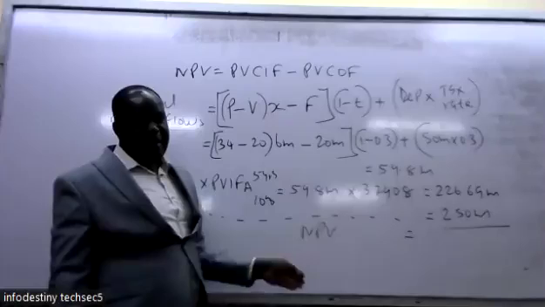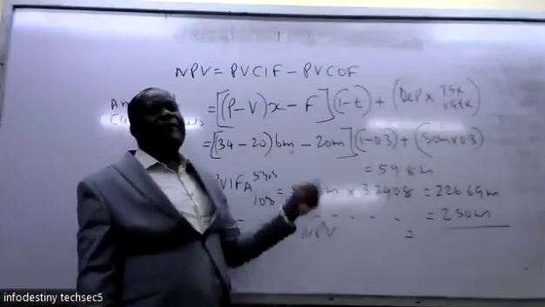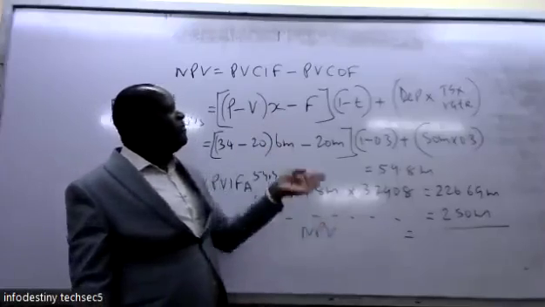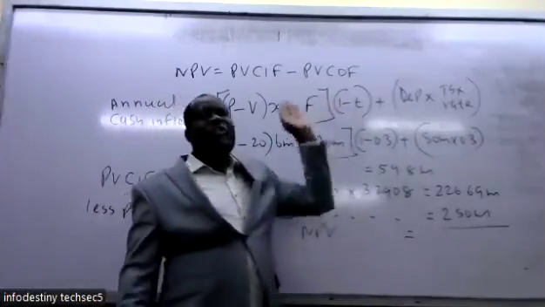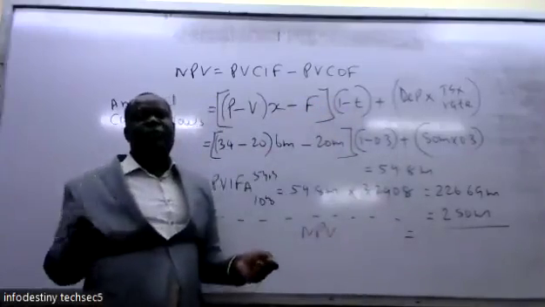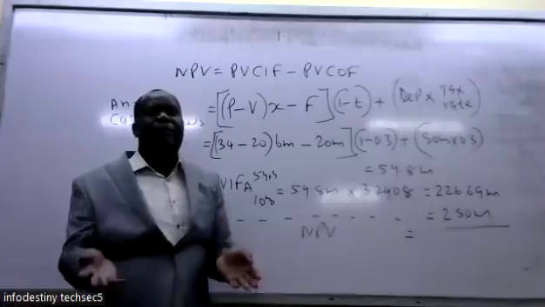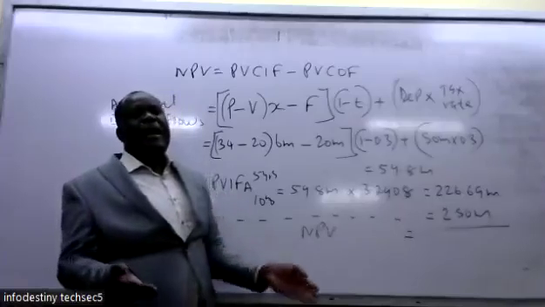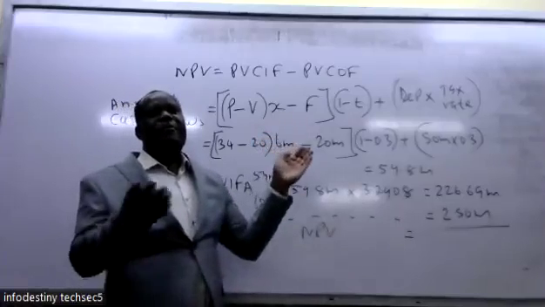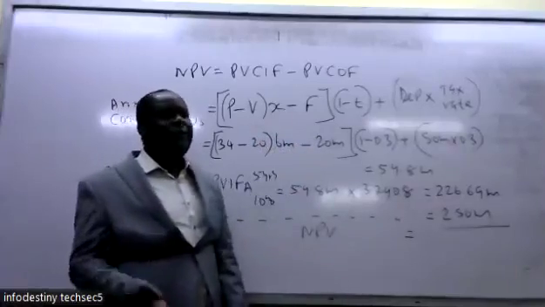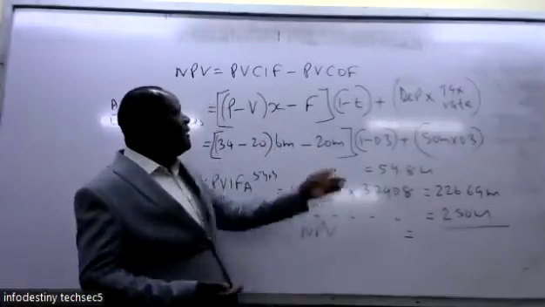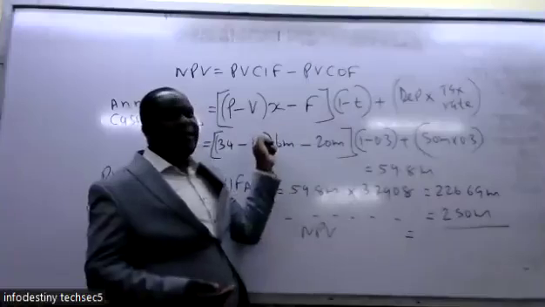Then tax, to get the earnings after the tax. But because depreciation is not an actual outflow of cash, it is simply a provision, add it back. Then you get the annual cash flows. It is the same thing, like excluding depreciation here.